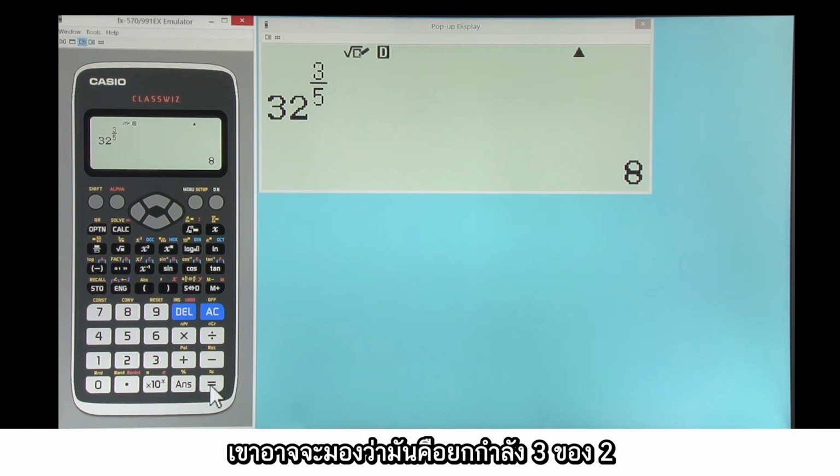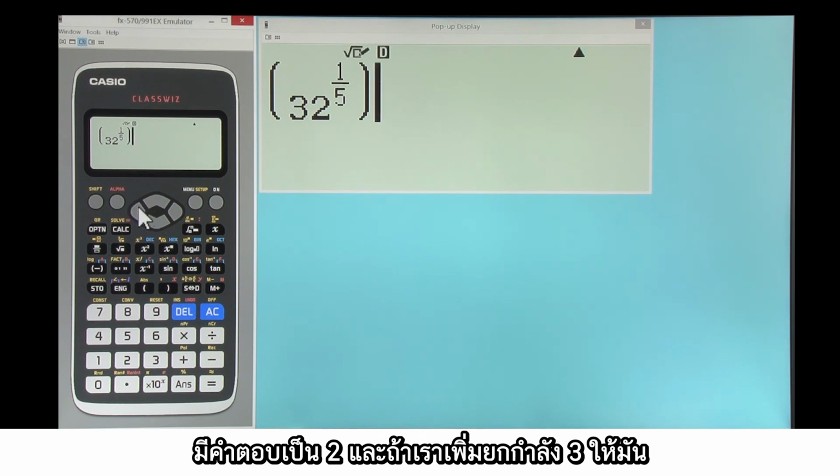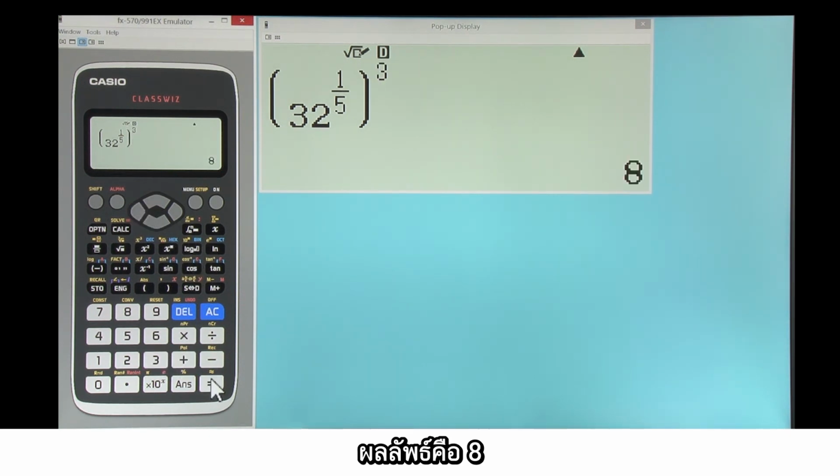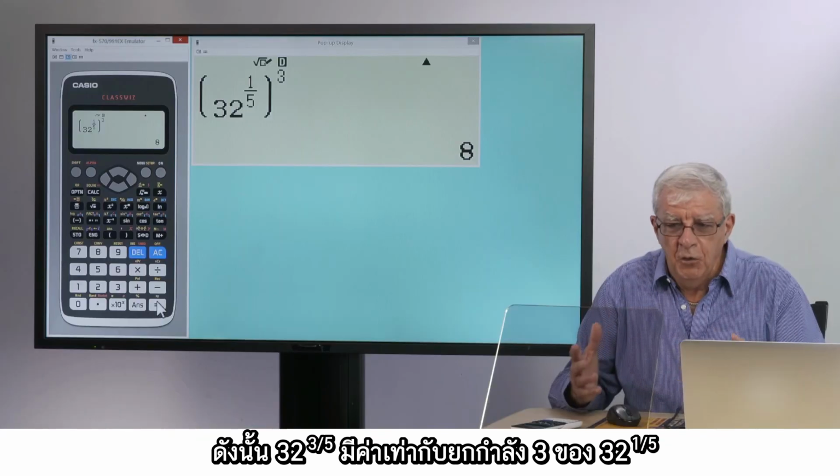They might think about it as the cube of 2, and that is 32 to the power 1/5, like so. That result is 2, and if we raise that to the power 3, the result is 8. So 32 to the 3/5 is the same as 32 to the 1/5 cubed.